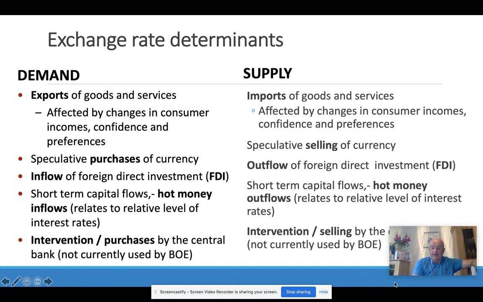If we then look at the outflows of foreign direct investment, if a foreign company or a foreign group have decided that they're going to move their investment out of the country, that outflow is going to cause a greater supply of pounds to the market, because effectively people will convert out of pounds into their own currency.